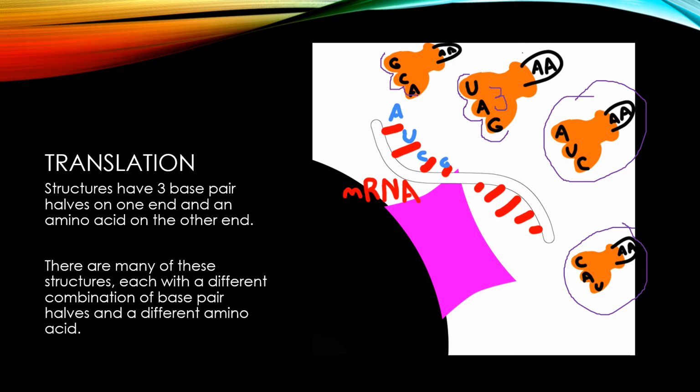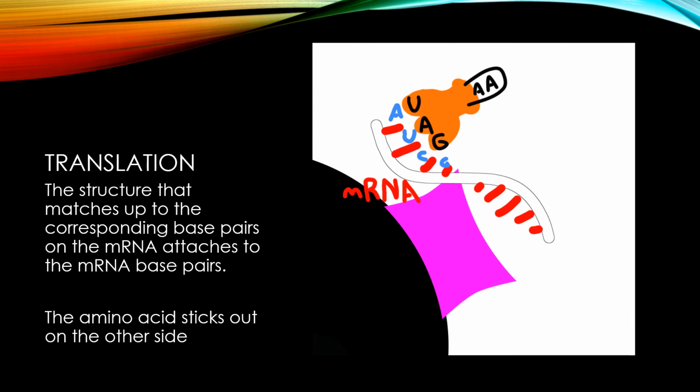And on the other end of these structures is an amino acid, just one amino acid per structure. Now all of those floating along, you saw how they all had different complementary base pairs on them.